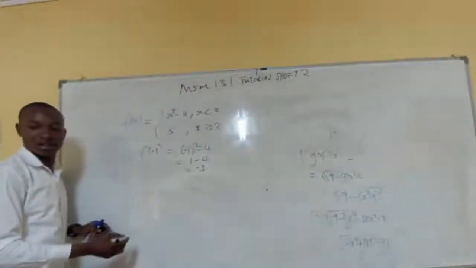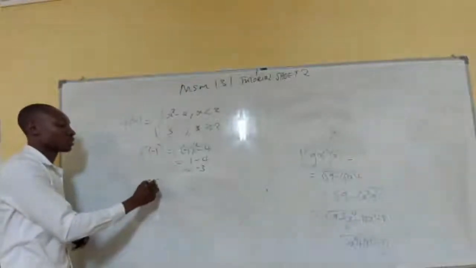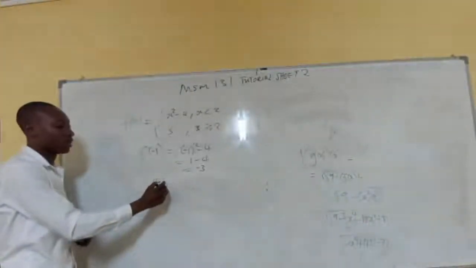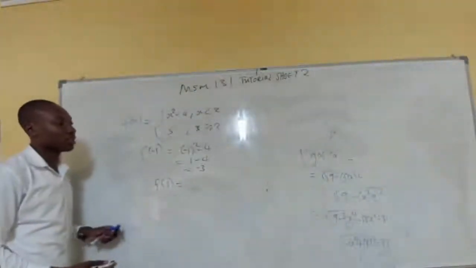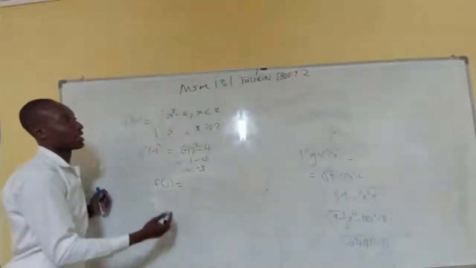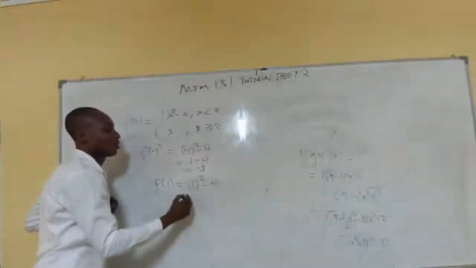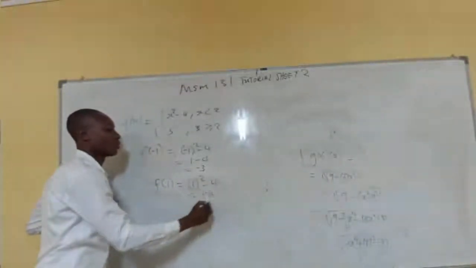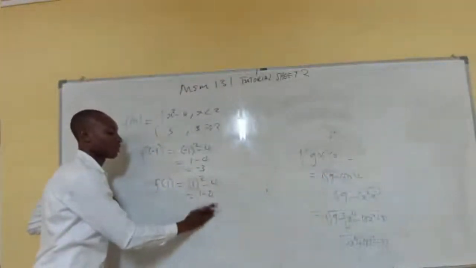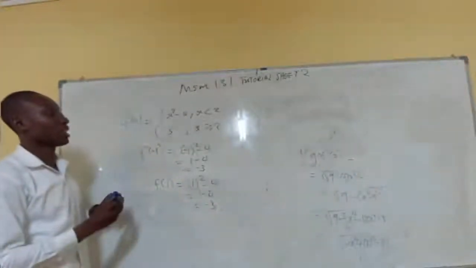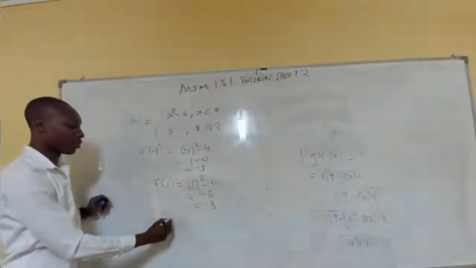Just that. Okay? Let's consider f of 1. Is 1 greater or less than 2? 1 is actually still less than 2. So the function is still 1 squared minus 4, which is 1 minus 4, which is negative 3. Then what is f of 4?